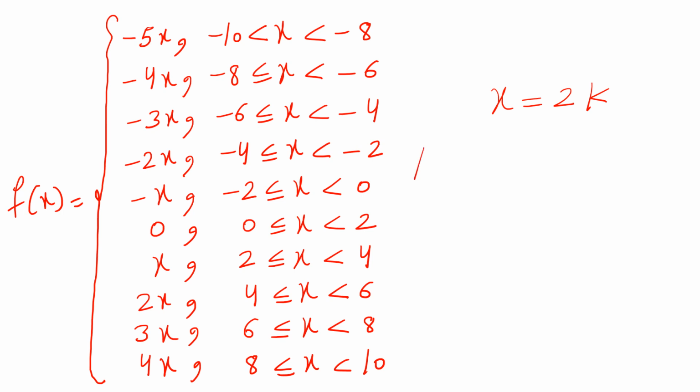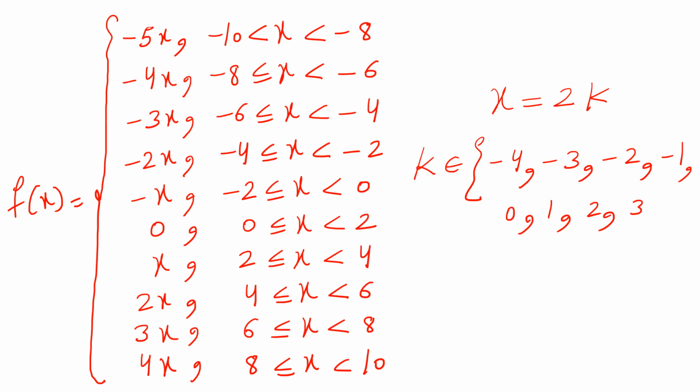And here k refers to any element of the set containing the numbers -4, -3, -2, -1, 0, 1, 2, 3 and 4. Right? Now students, we move further.